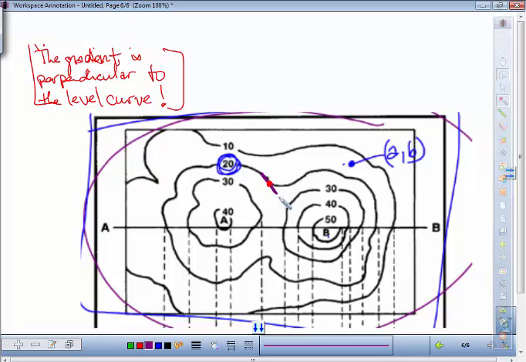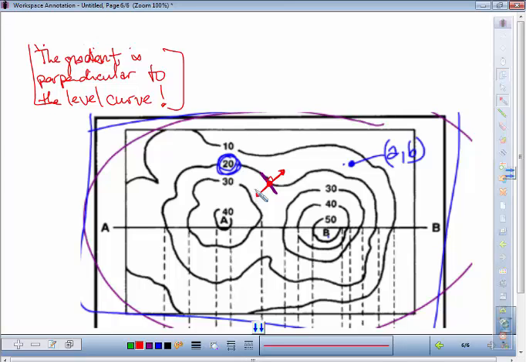So this would represent your tangent vector, and the gradient would have to be perpendicular to that. Wait, there's 2 perpendicular directions to go. I wonder which one is our gradient. Well, let's think about that later.